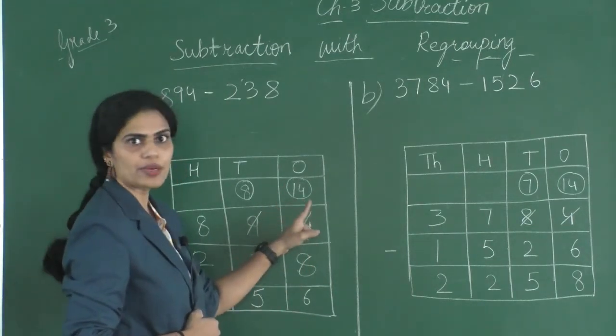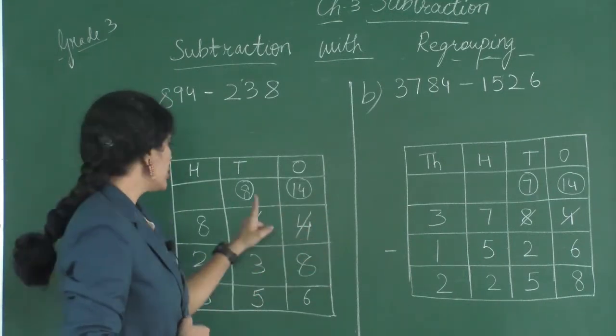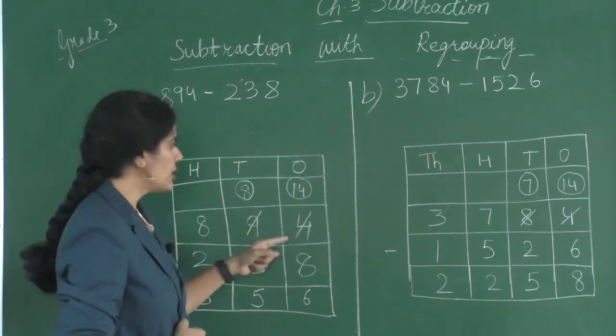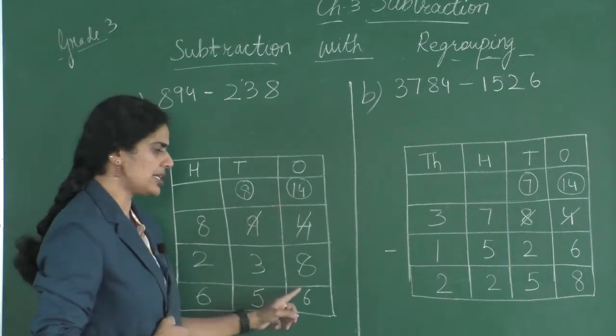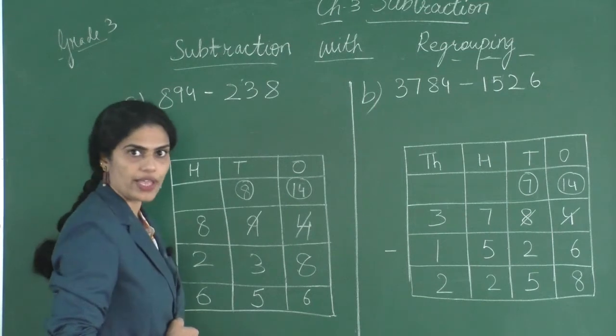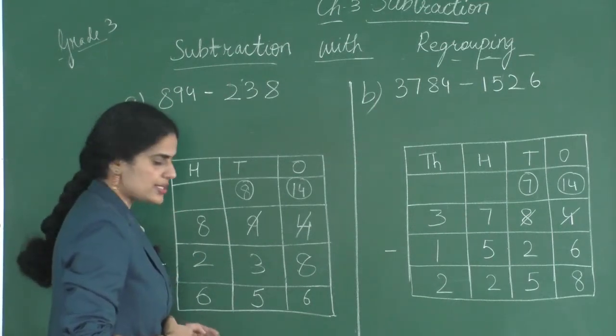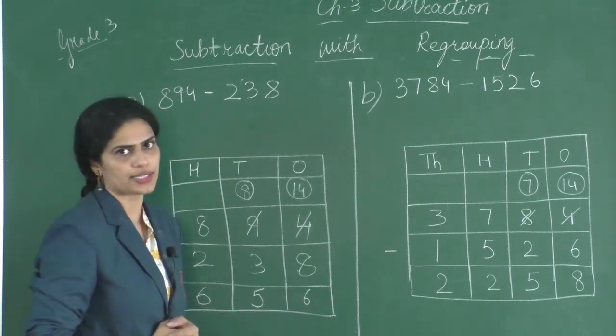So now here it becomes 14 and here 1 is borrowed, so it becomes 8. So here we get 14 minus 8 is equal to 6, 8 minus 3 is equal to 5, 8 minus 2 is equal to 6. So the answer is 656.